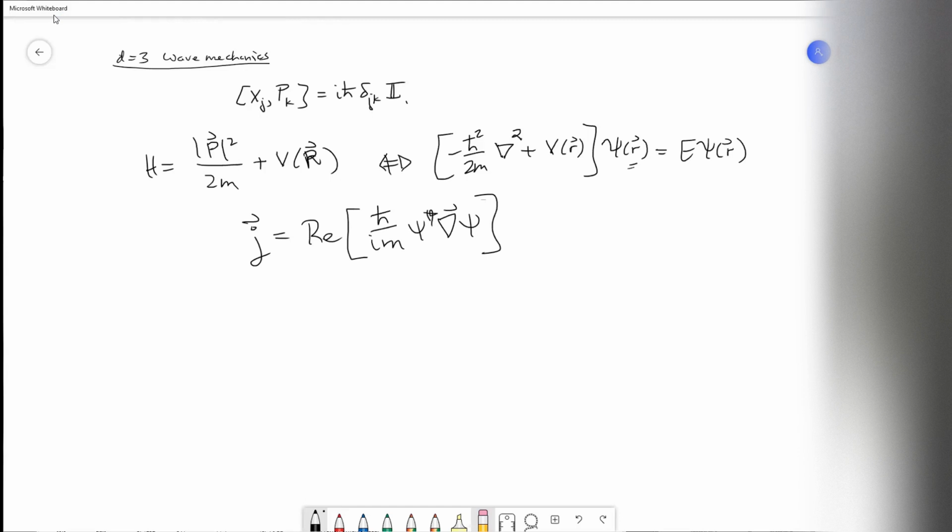And of course, if we wanted to jump back and forth between position and momentum, we could. Instead of the 1-dimensional Fourier transform, you have the 3D Fourier transform, where you integrate over 3D space, but it's still the same. You still take the wave function and Fourier transform it like this.